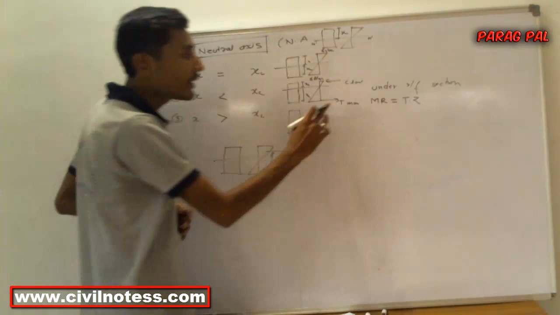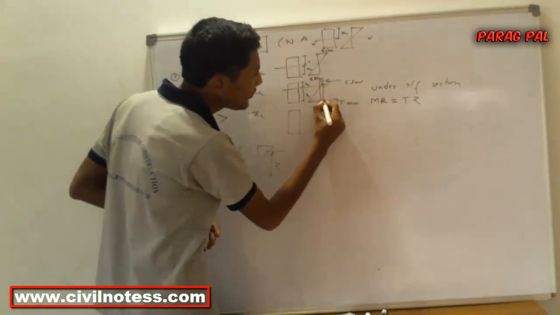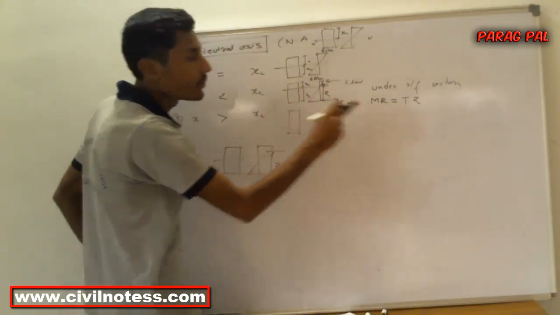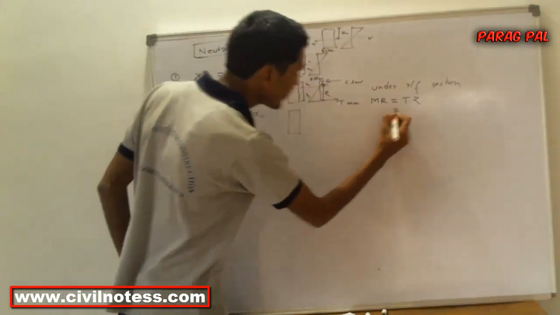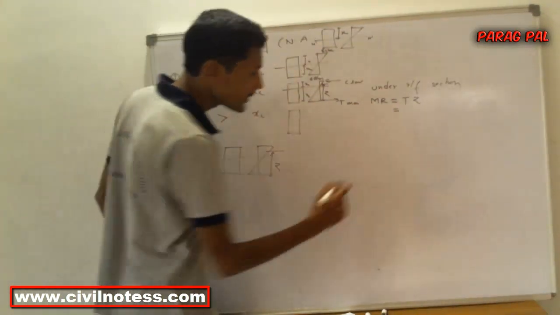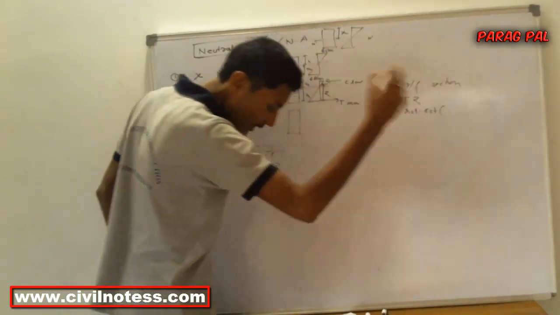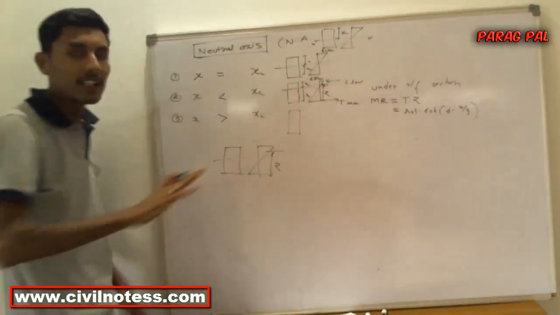So T is multiplied by this distance, and here the tension comes, so it is called Z. Force into perpendicular distance, so tension multiplied by the perpendicular lever arm. The formula for tension is taken as Ast into sigma st, and the lever arm formula is nothing but d minus x by 3. So this is exactly the formula.